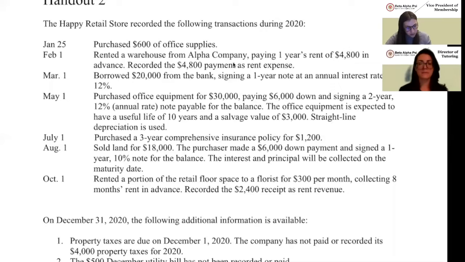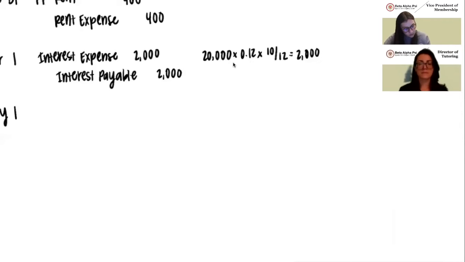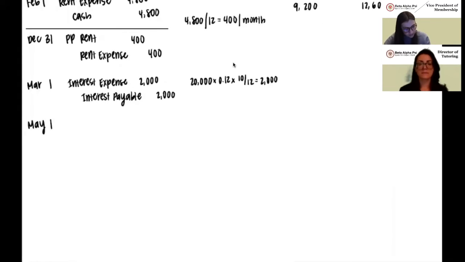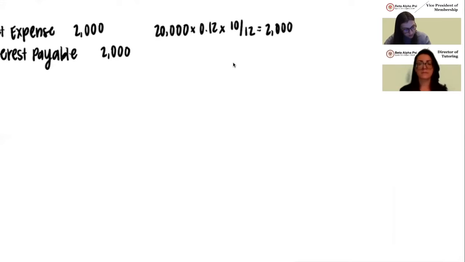So on our note, it's not going to be $30,000 because we paid down $6,000 of that note. So the balance is going to be $30,000 minus $6,000, which is $24,000. And they tell us that our annual rate is 12%. And since it happened on May 1st, 8 months of interest has been incurred, not the whole year. So May 1st, let's calculate our number first.